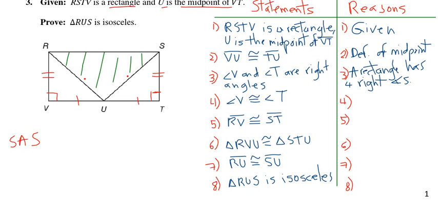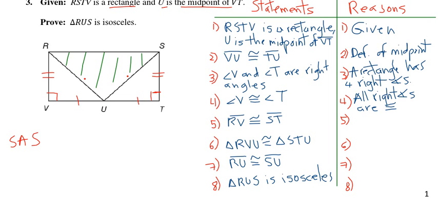And then we know that all right angles are congruent. And that's why angle B is congruent to angle T.